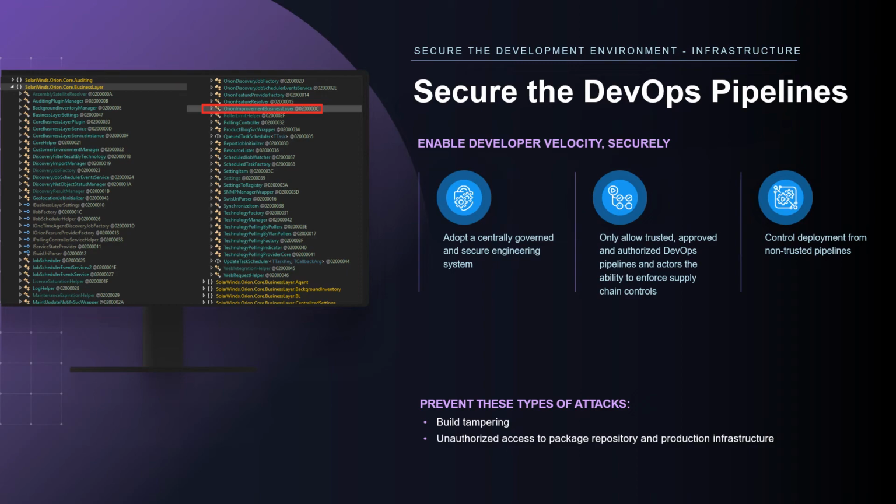Lastly, you need to control deployment from non-trusted pipelines. All of this will fortify your organization against threats such as build tampering and unauthorized access to package repository and production infrastructure.